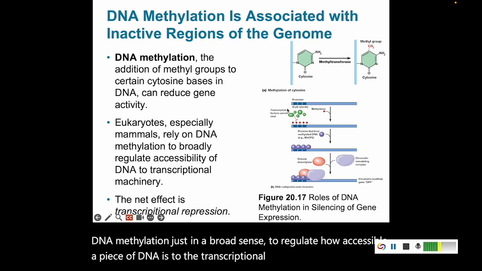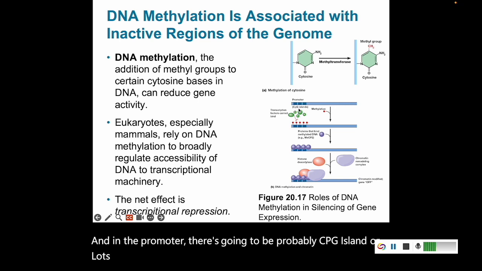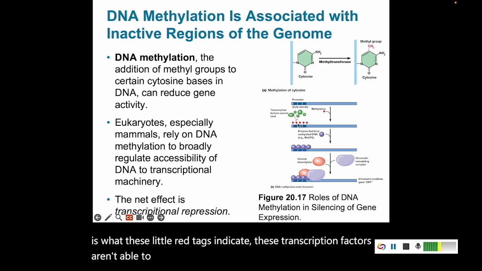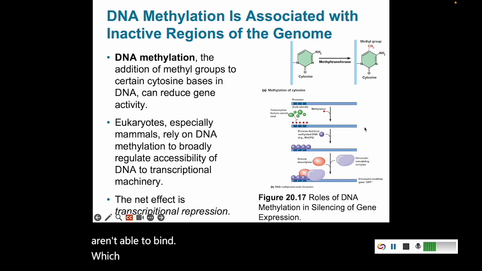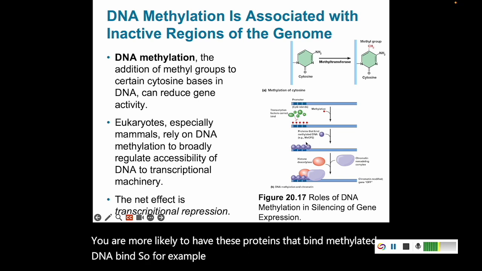So if this is your DNA, in the promoter there are probably going to be CpG islands, or lots of cytosines and guanines. And if those are methylated, which is what these little red tags indicate, these transcription factors aren't able to bind, which means that gene isn't going to be expressed. You are more likely to have proteins that bind methylated DNA bind, for example MeCP2.